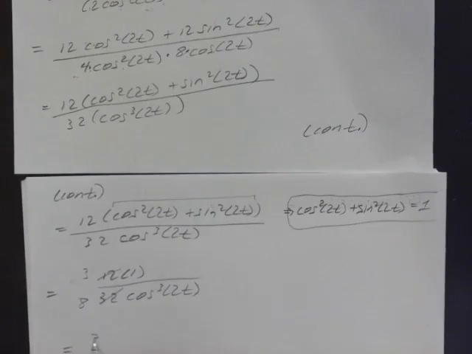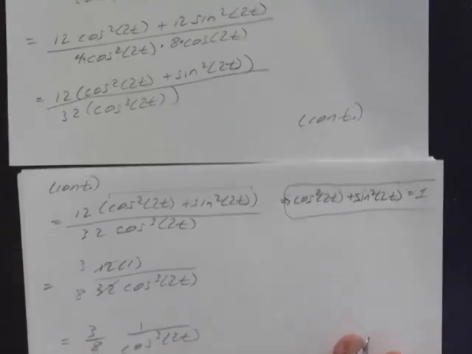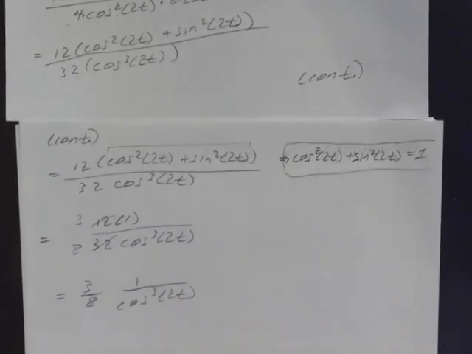Okay. So it leaves us with 3 over 8 times 1 over cosine cubed of 2t.